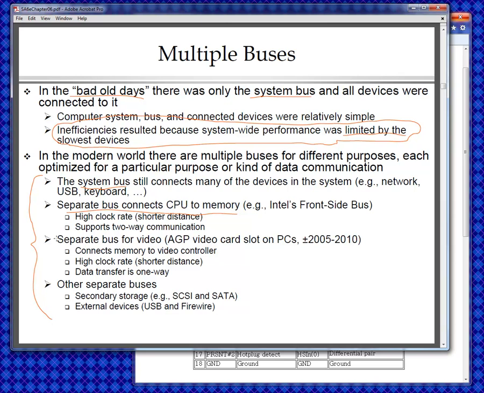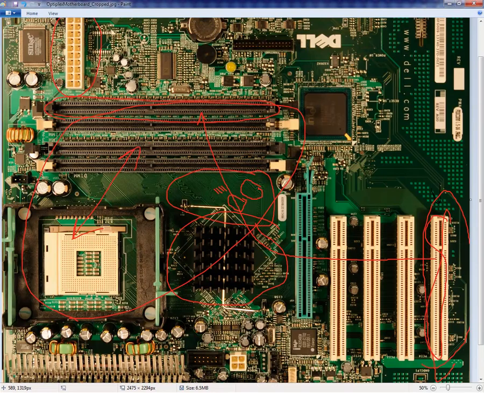Okay, now as shown on the motherboard we've been looking at, there may be a separate bus for the video. Okay, and back in the era of this motherboard, that was a necessity because remember, this motherboard has a PCIX parallel 32-bit bus, which is a definite performance bottleneck for video.